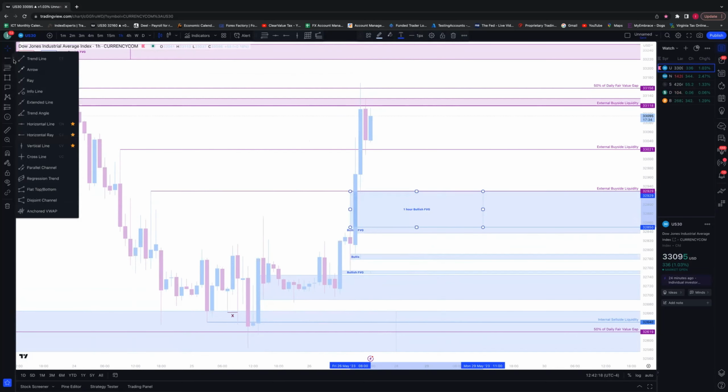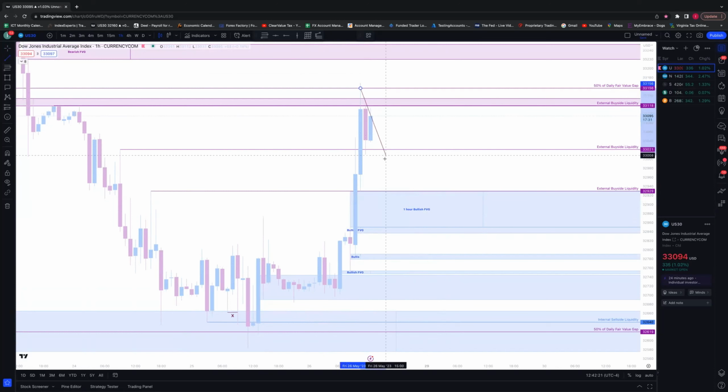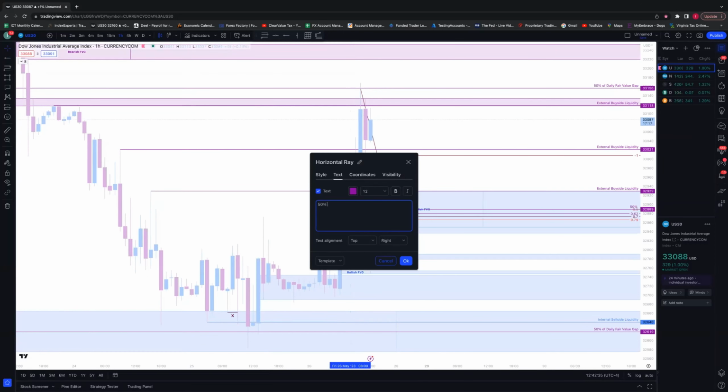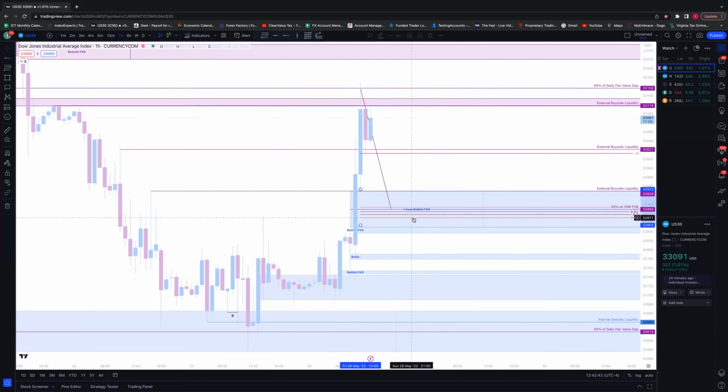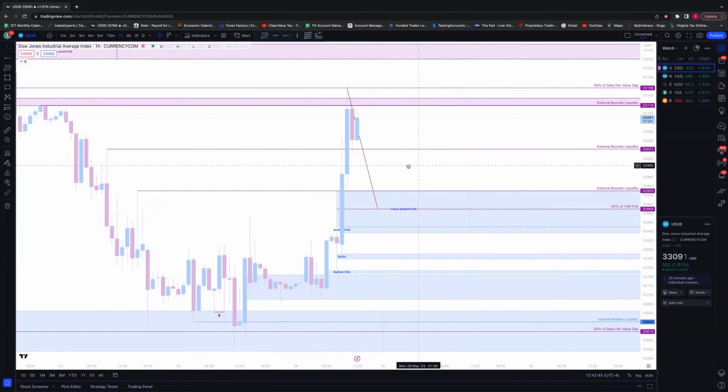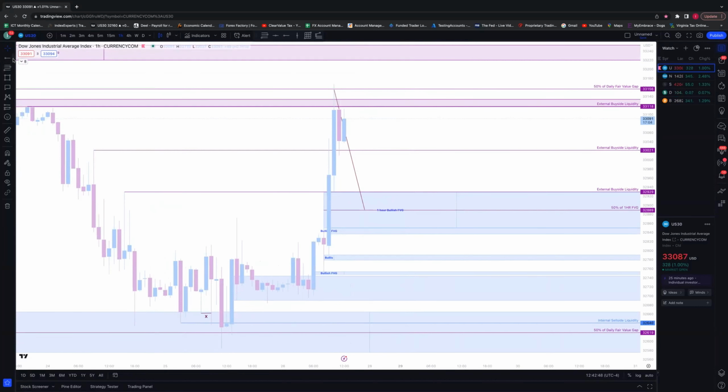So now we're anticipating that price is going to touch, fill at least 50% of this, in order to move forward. So once price has touched at least 50%, we can anticipate this buy towards the upside.